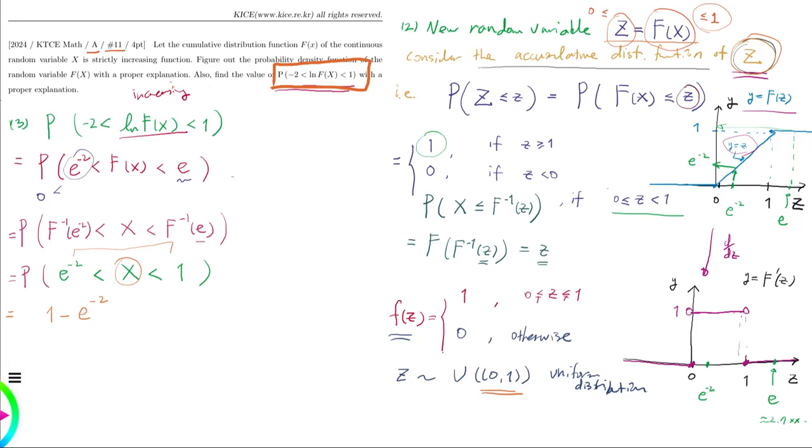However, in general, this is not so easy. So in my case, I first think of the cumulative distribution function of the new random variable, and then take a derivative with respect to the new random variable, and then that will give me the probability density function of the new random variable. Okay, this is all.